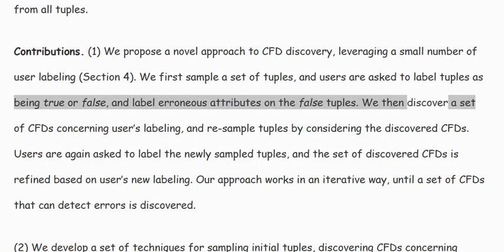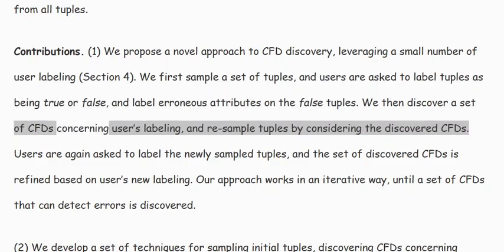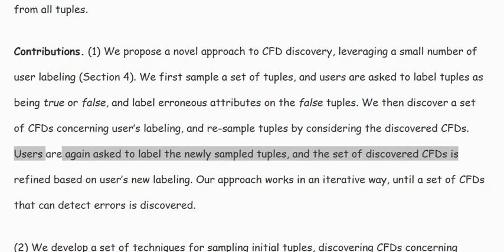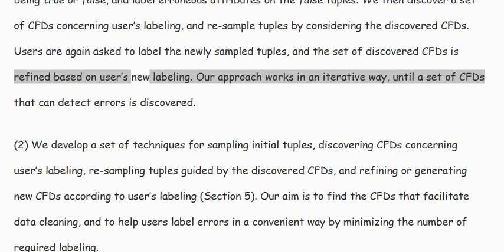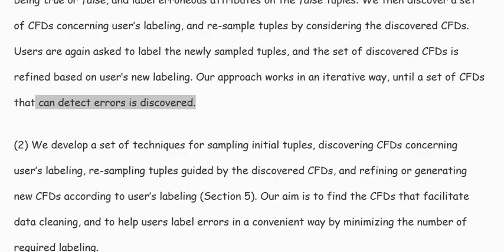We then discover a set of CFDs concerning users' labeling and resample tuples by considering the discovered CFDs. Users are again asked to label the newly sampled tuples, and the set of discovered CFDs is refined based on users' new labeling. Our approach works in an iterative way until a set of CFDs that can detect errors is discovered.